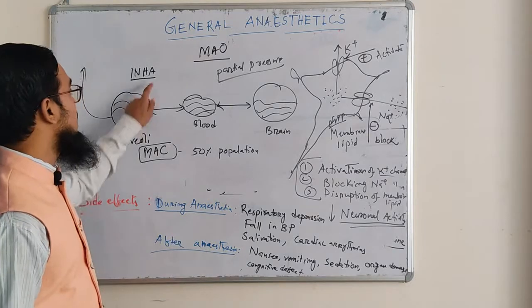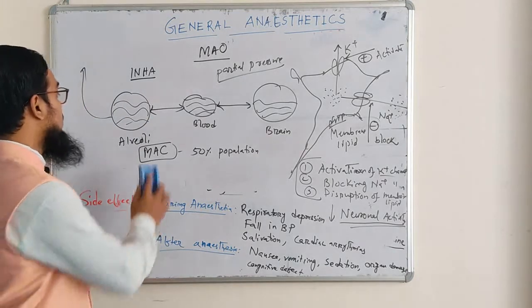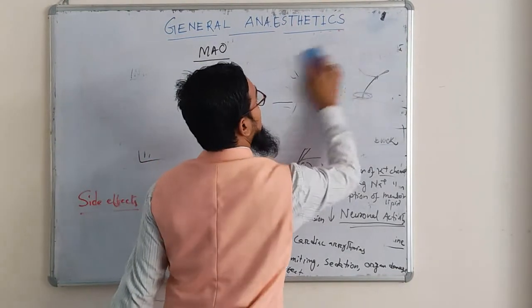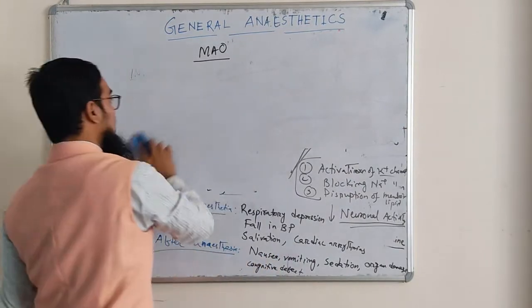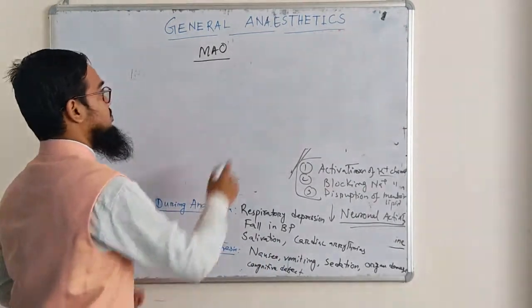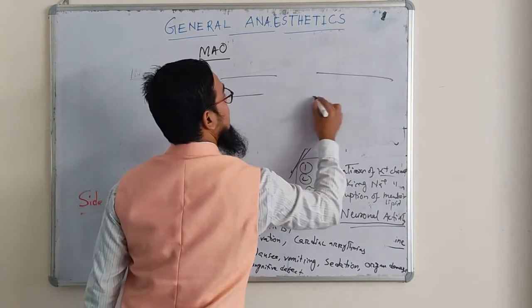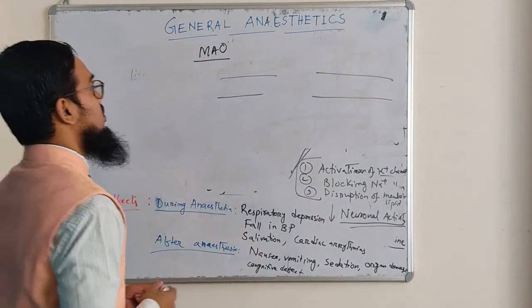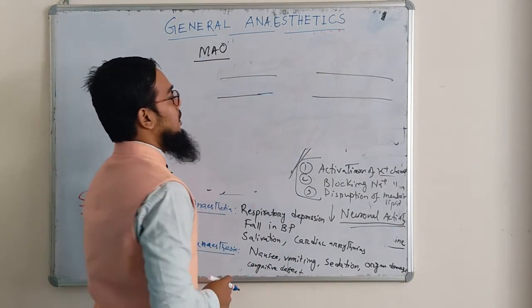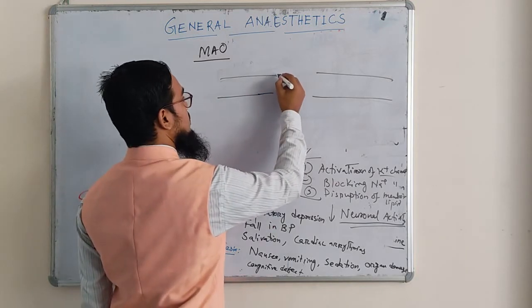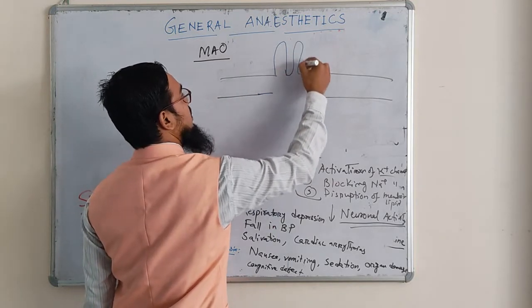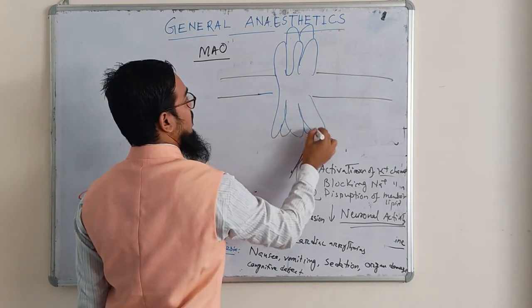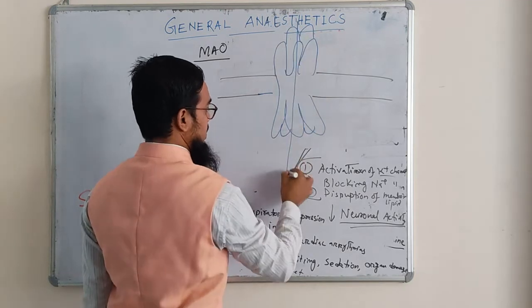Now we will discuss the mechanism of intravenous injectable anesthesia, mainly benzodiazepines. Suppose this is the neuronal membrane. That membrane has some pentameric structures, and in the middle there is a channel which is called the Cl channel.